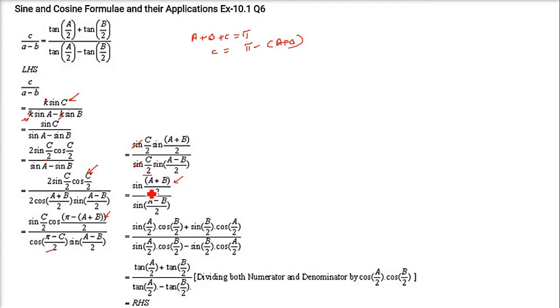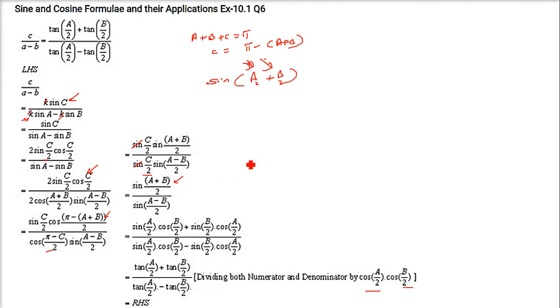Now just open it. This is sin (A/2 plus B/2). So this is the sin (x plus y) formula: sin A/2 cos B/2 plus cos A/2 sin B/2. In the denominator also sin A/2 cos B/2 minus cos A/2 sin B/2. So now divide numerator and denominator by cos A/2 and cos B/2. See, I'll show you one of these.